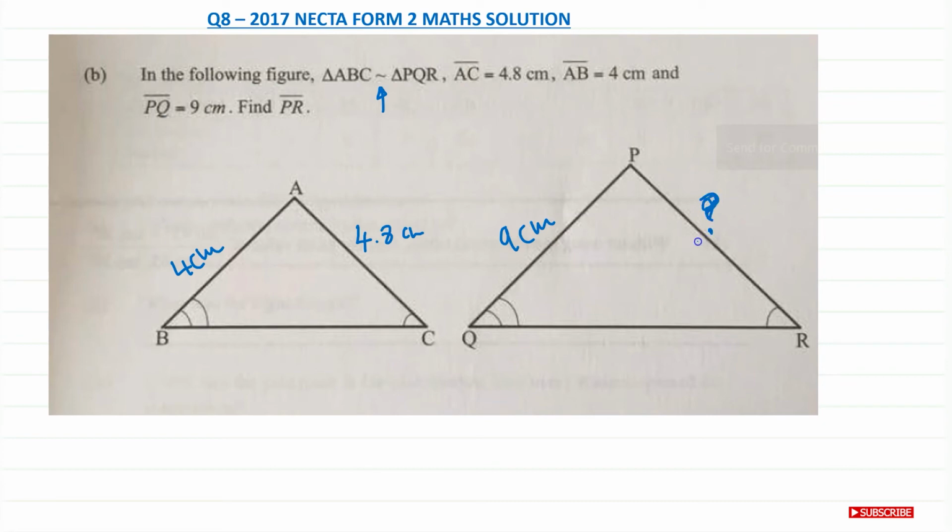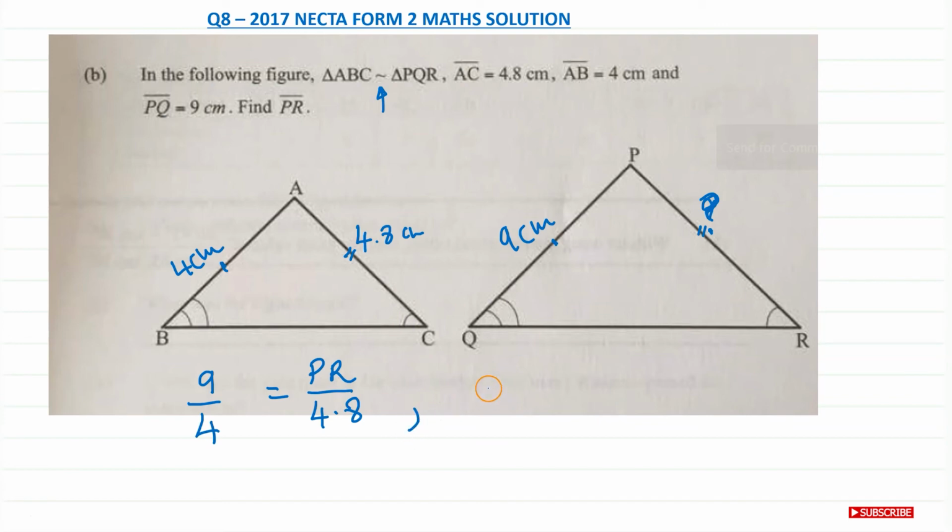Because these two triangles are similar, the ratio of their corresponding sides must be the same. This side corresponds to this side, and this side corresponds to that side. So if I do 9 divided by 4, then that must be equal to the line PR divided by the corresponding side, which is 4.8.